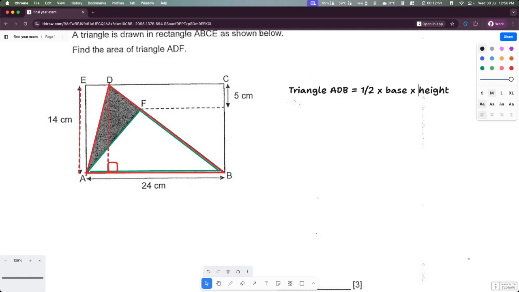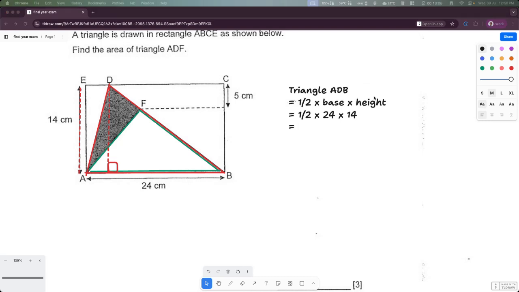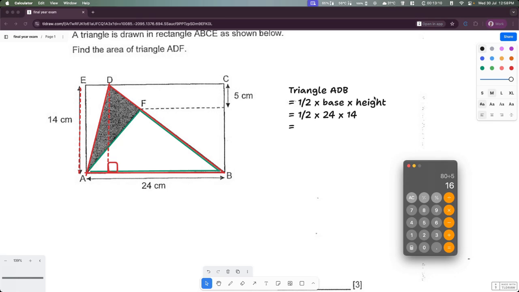So what's the base? Right, so the base is equal to 24 centimeters. So the base is 24 and the height is 14. So let's use our calculator. So half, if you want a shortcut, is basically 0.5. 0.5 times 24 times 14.